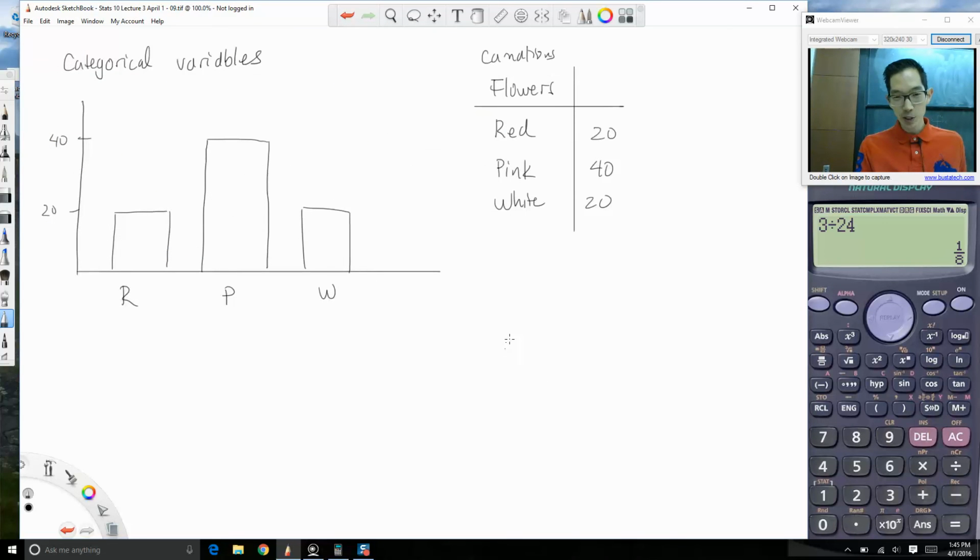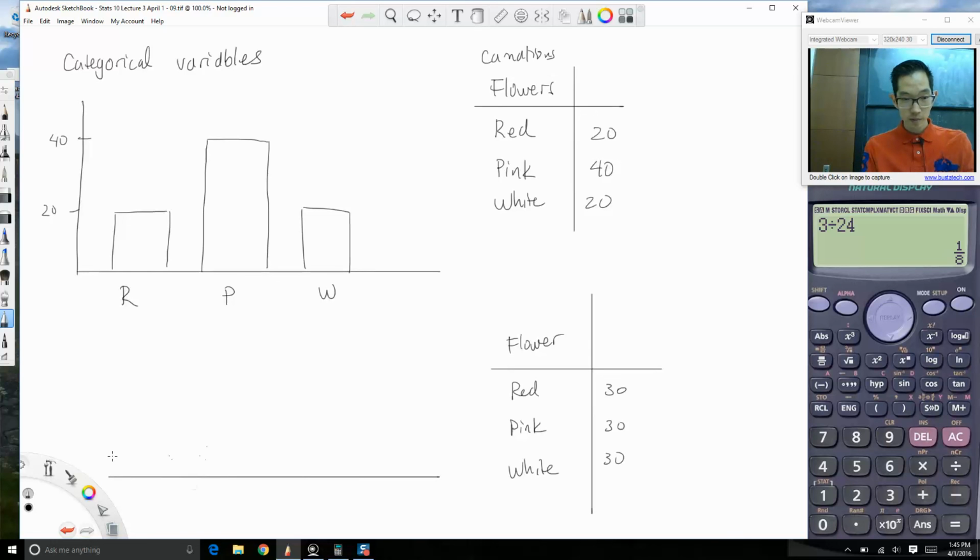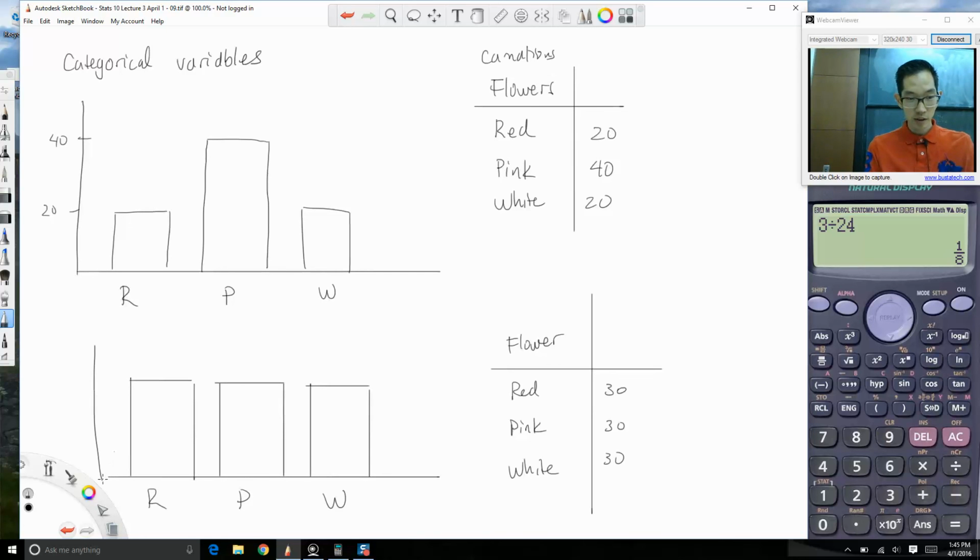Maybe some other species of flower, okay? We've got red, pink, and white. Okay, and let's say these are 30, 30, 30. And this is, I don't know, other flower, flower 2.